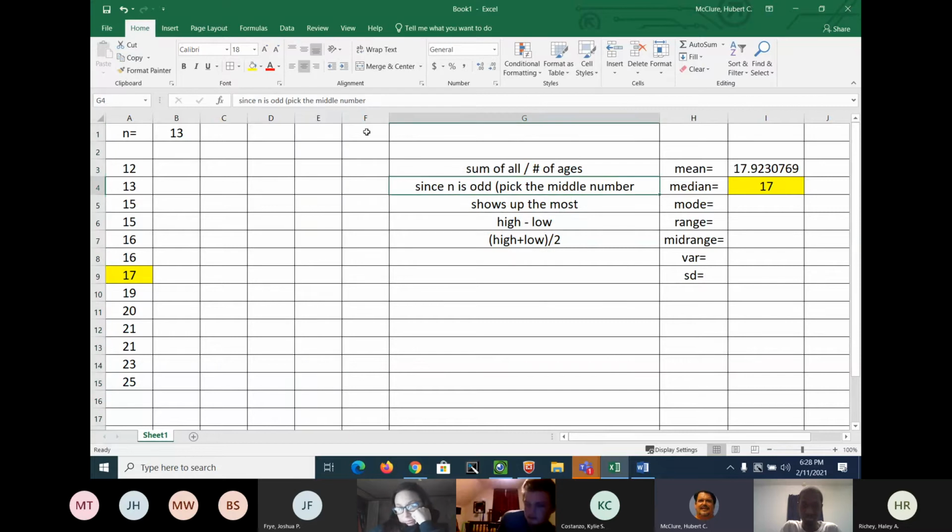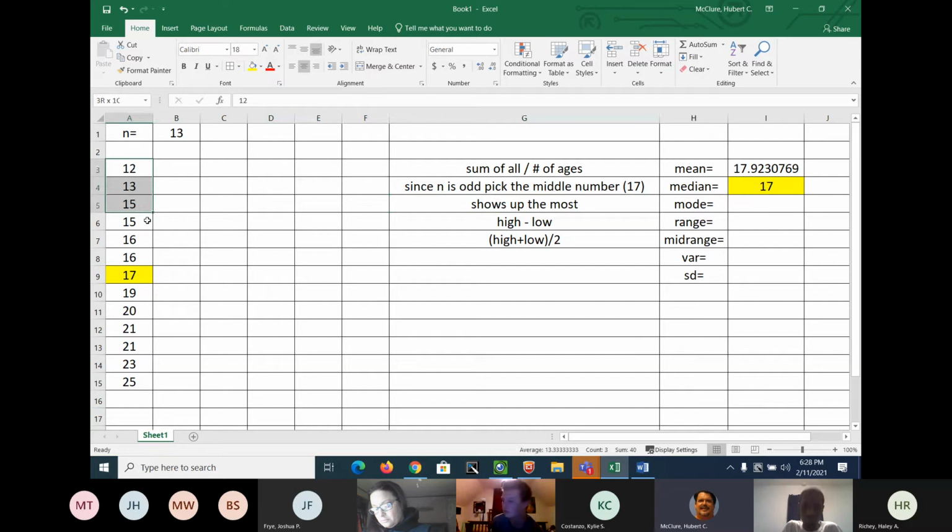Since n is odd, pick the middle number. And the middle number here is 17. Okay, so for the first one, you add up all the numbers just like you did back in the 6th and 7th grade. Add up all the test scores and divide by 13.